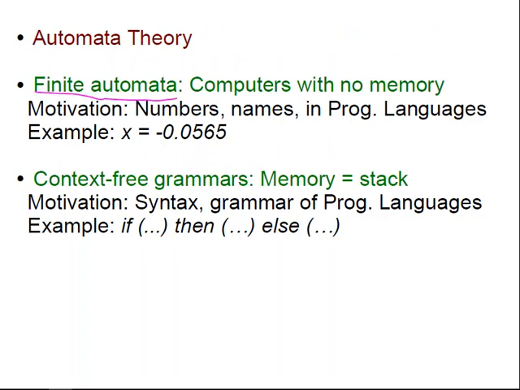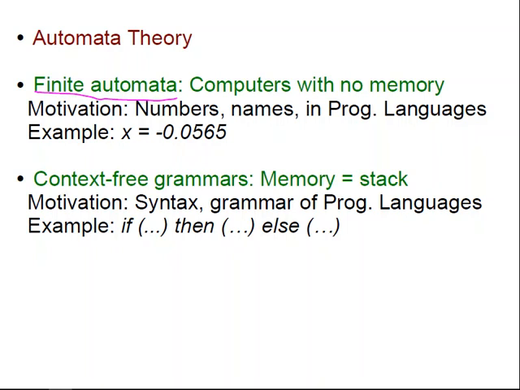So you can think of this as computers which have no memory, and they sound extremely restricted, computers with no memory, and in a sense they are, but the restriction is also useful because we're going to be able to analyze them very well, and they have a strong motivation. For example, numbers, names, the syntax of the variable names and function names and so on in programming languages can typically be programmed with a finite automata.